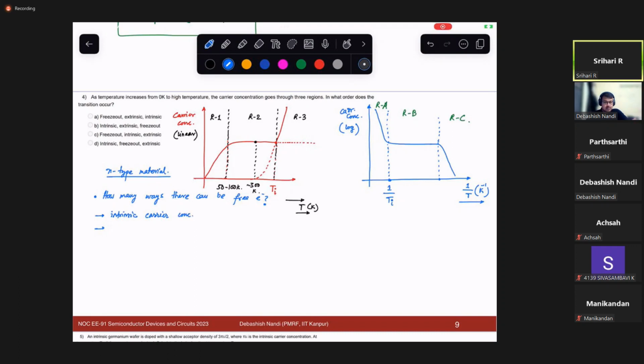Yes, sir. Whatever Srihari said, for others to understand: if something goes from here to here, that leaves a hole here and creates an electron here. Also remember that in n-type material we have a donor energy level here, ED, which holds the extra electrons.